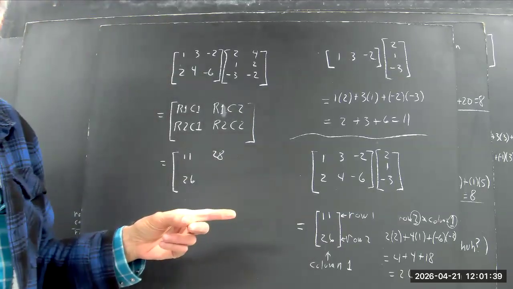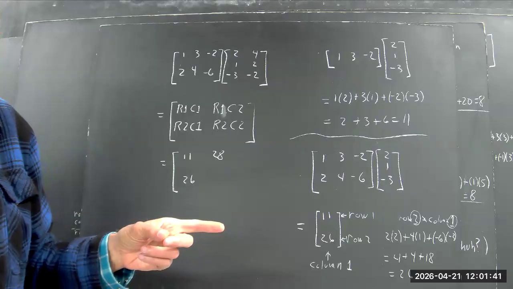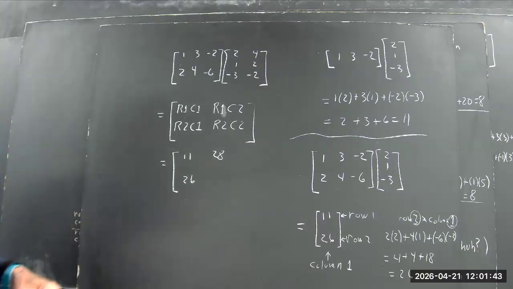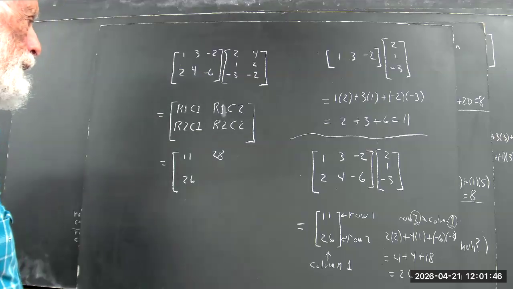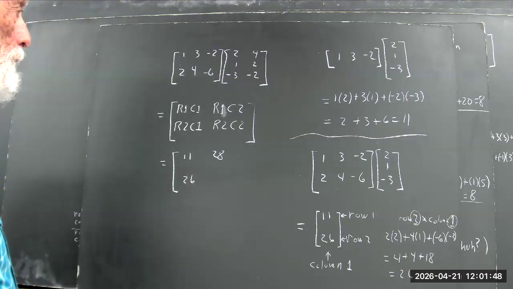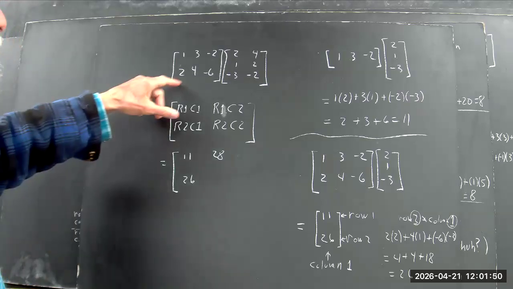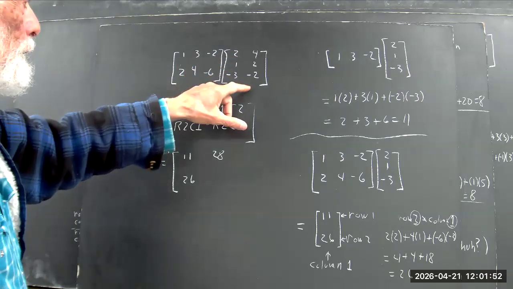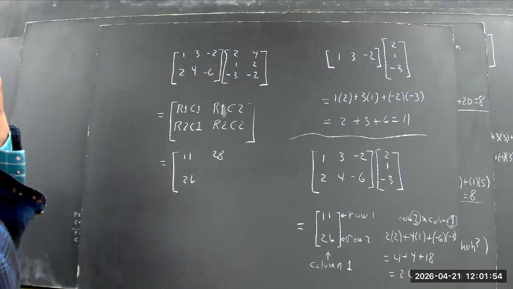Did you get 28? 26. Why do I keep counting 28s and 26s, and why do I keep messing them up? 2 times 4 is 8, and 8 and 12 is 20. No.